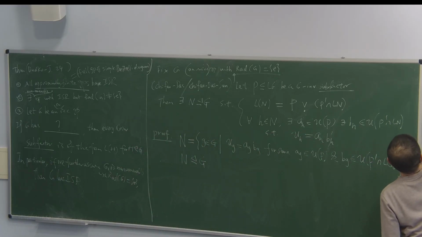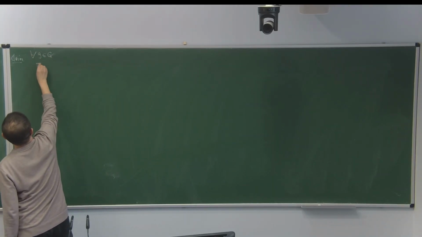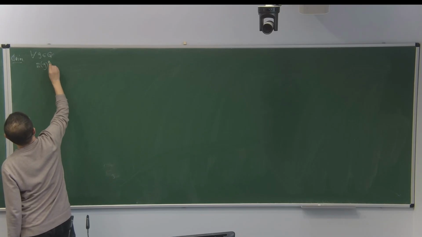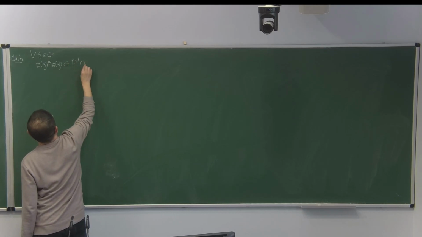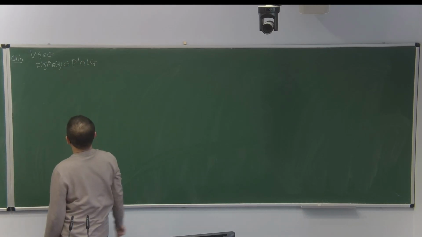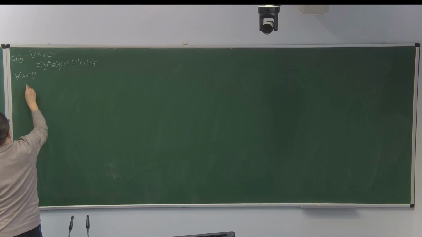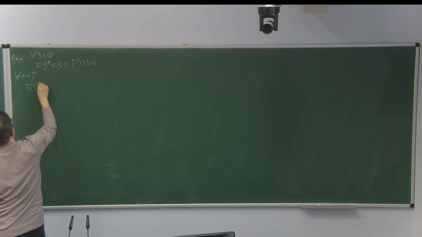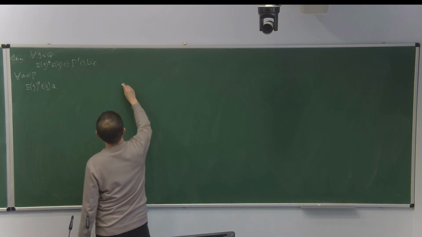So let's write it as a claim. For any g in G, if you compute e_g star e_g, it actually commutes with P. So check it for any a lies in P. Let's play a game. I want to compute this guy.